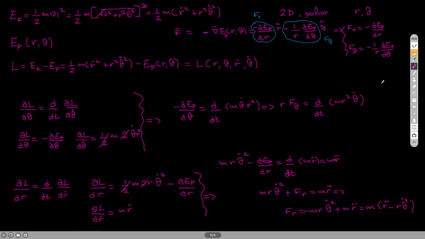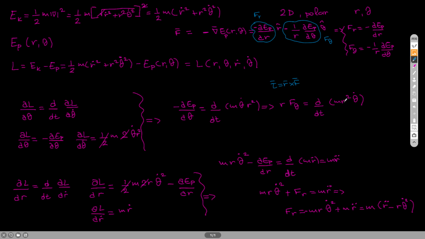Remember, the torque is defined as r cross F. Now, this only involves the component of the force and the distance from the origin. Of course, this includes the direction as well. But at the end of the day, you have a distance and you have a force, and this is related to a torque. Now, on the right side, I have a d over dt, so I have a time derivative.